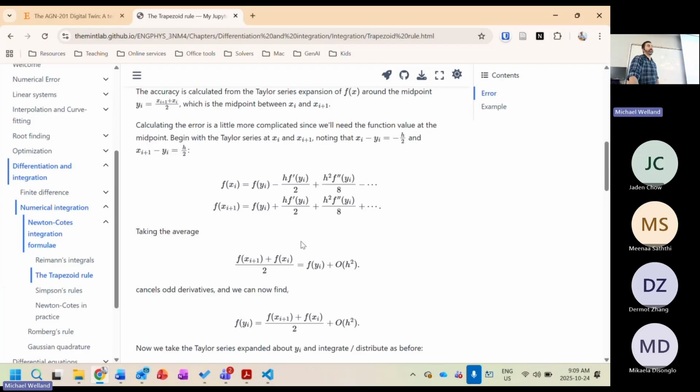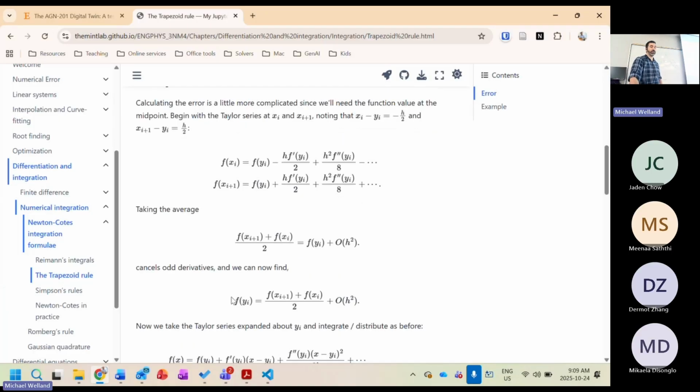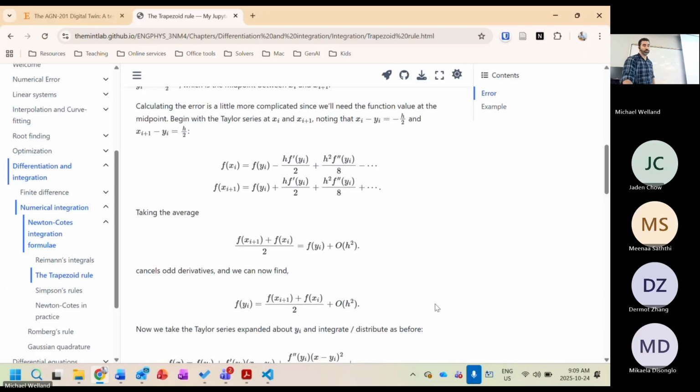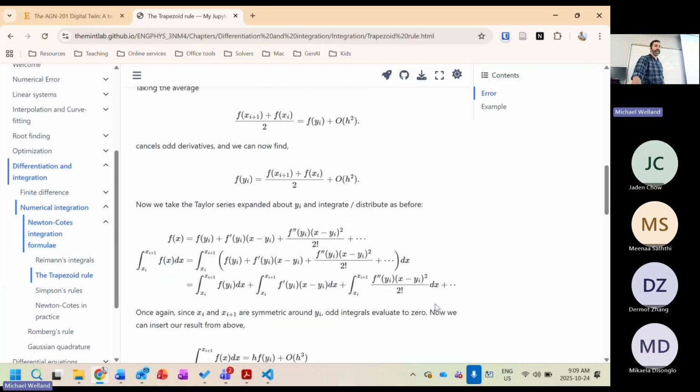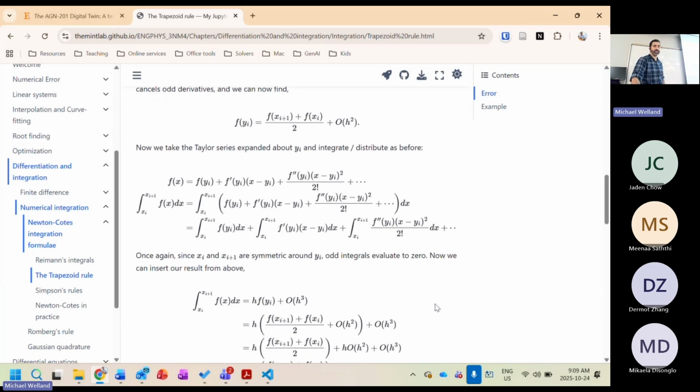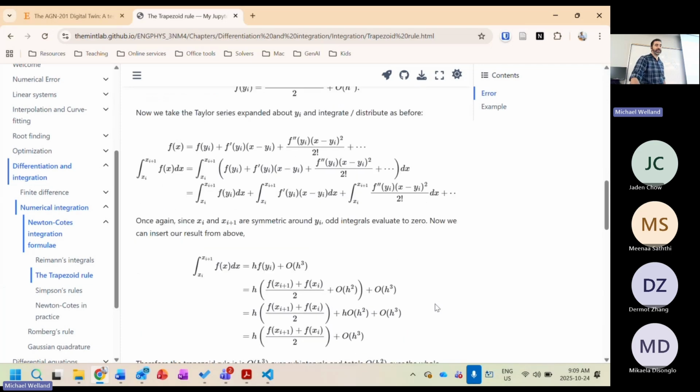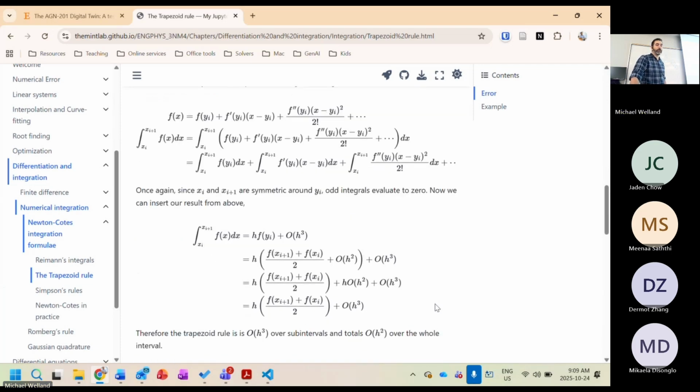Then you're going to take the average of it. You're just going to apply that formula, and it's going to fall out like this. And then you have to do that again, and it gets a bit more intense. But what you end up getting is that the trapezoid rule on the interval is order h cubed.